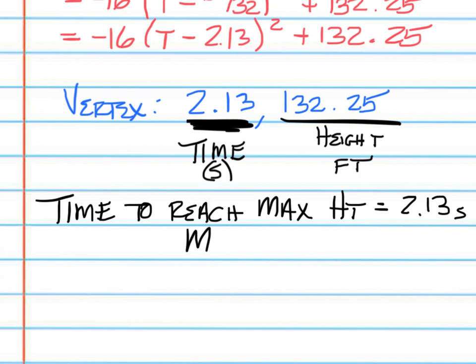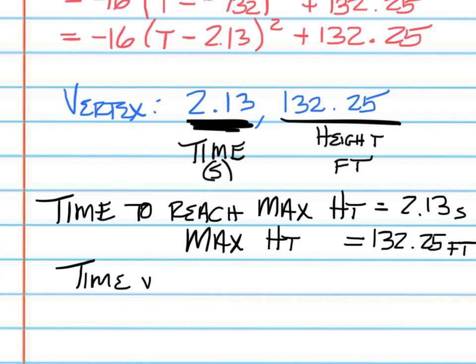And what is the maximum height? 132.25 feet. Okay, and then another one is time to reach the ground. How long after he threw it did it take the ball to reach the ground?